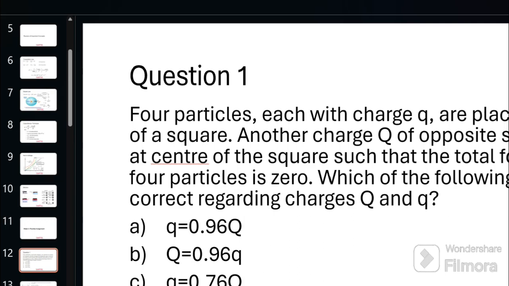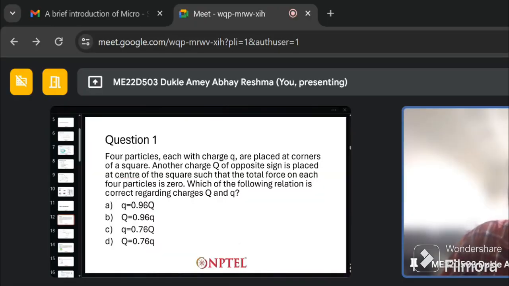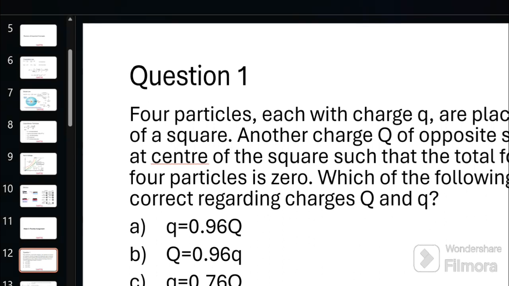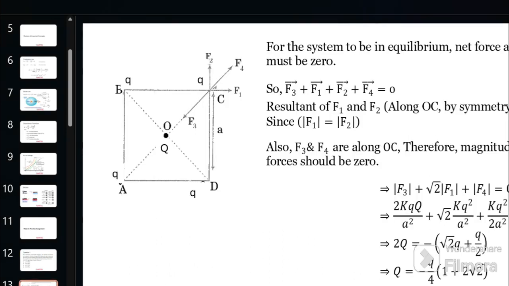Any guesses? Or does anyone know the answer? Okay, let's begin. Here we have a square.